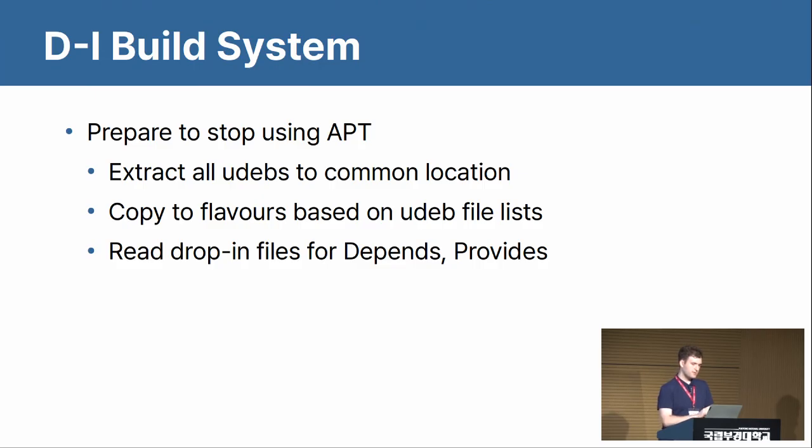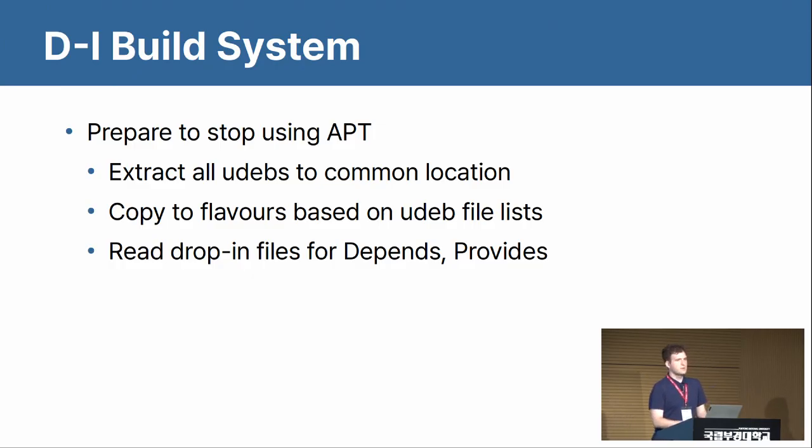On the build system side, which also uses udebs, we would need to prepare to stop doing that. Instead of installing udebs to a rootfs we are about to prepare, we would extract them all to a common location and then use the file lists that I mentioned to copy things into rootfs directories for whatever flavor we are trying to build.